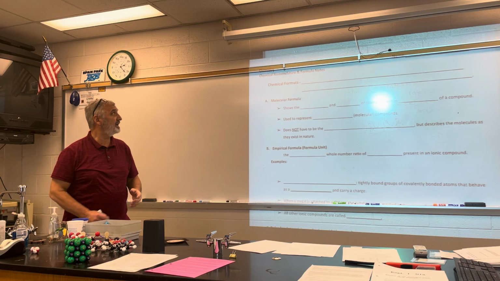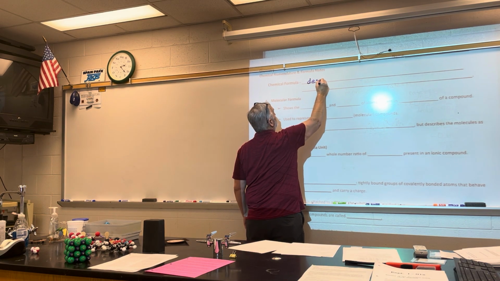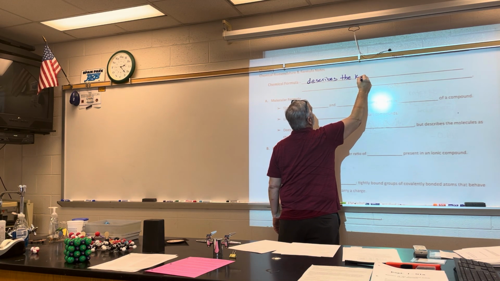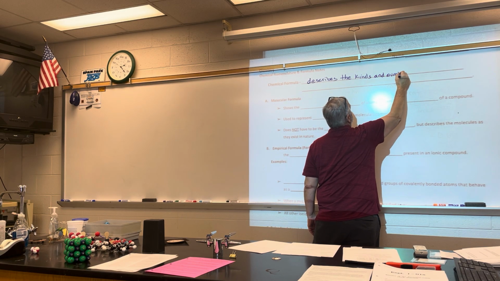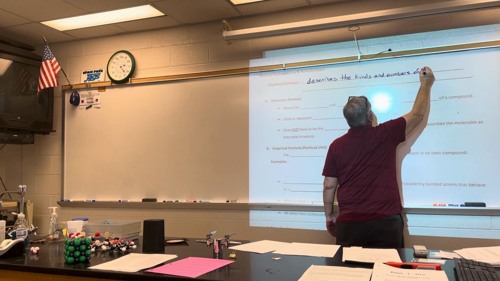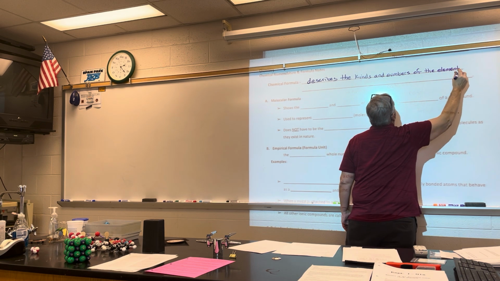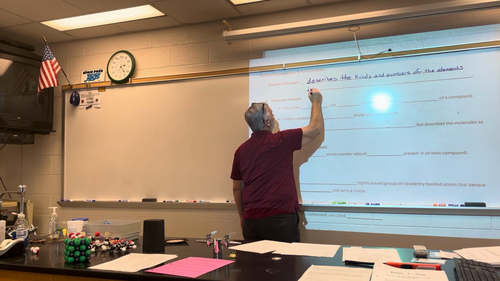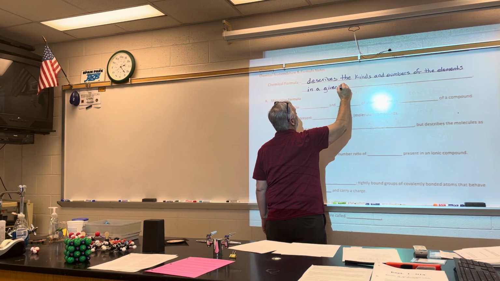Okay, so the chemical formula describes the kinds and numbers of the elements in a given compound, given substance.